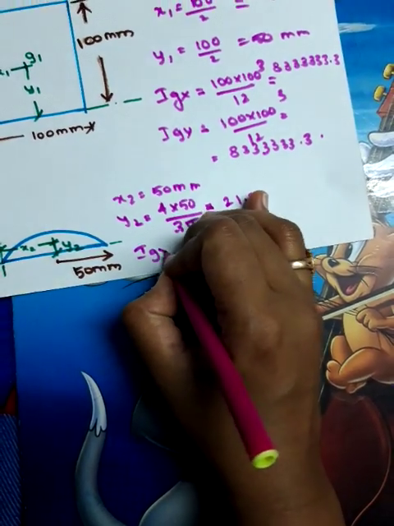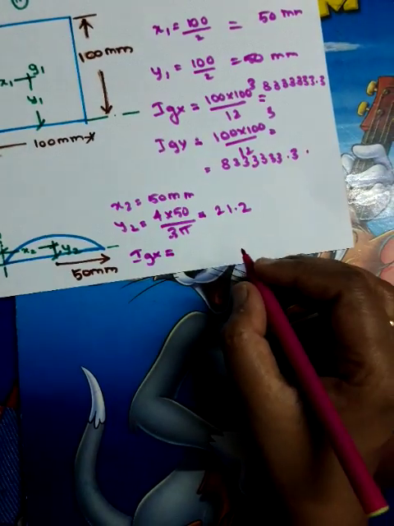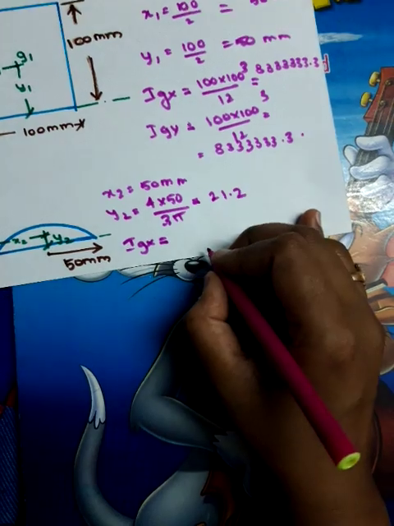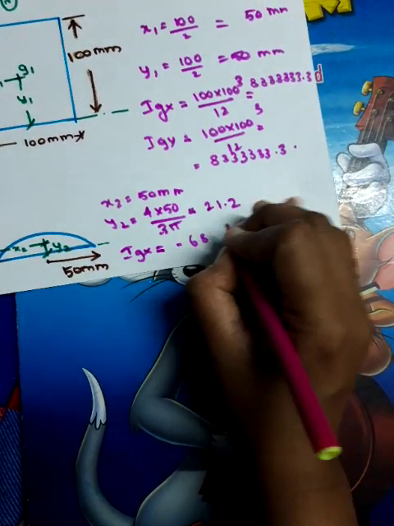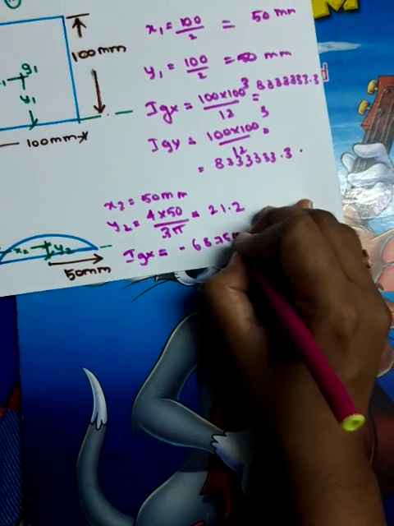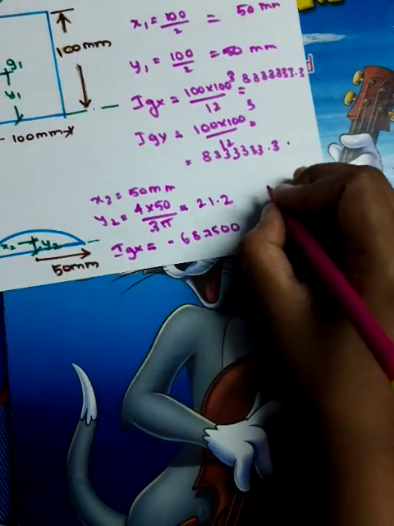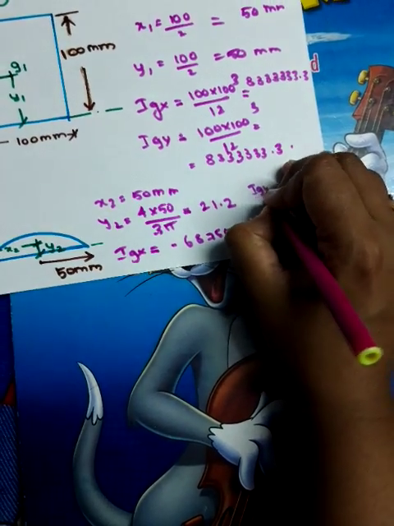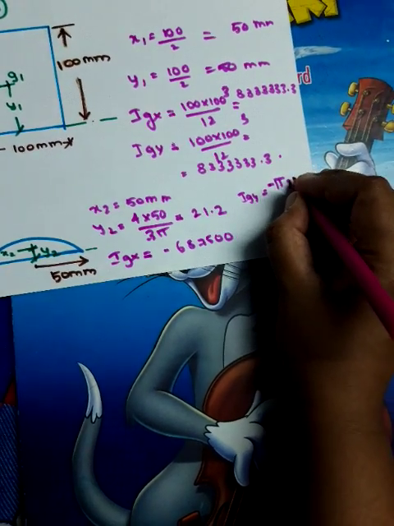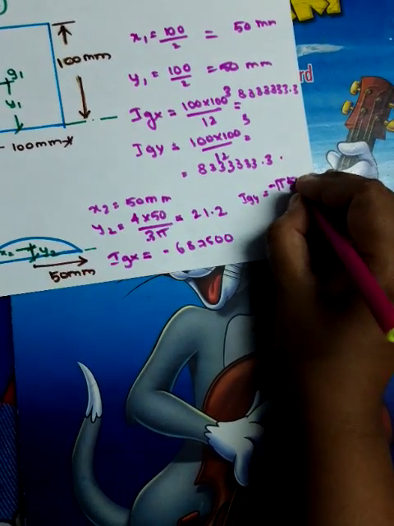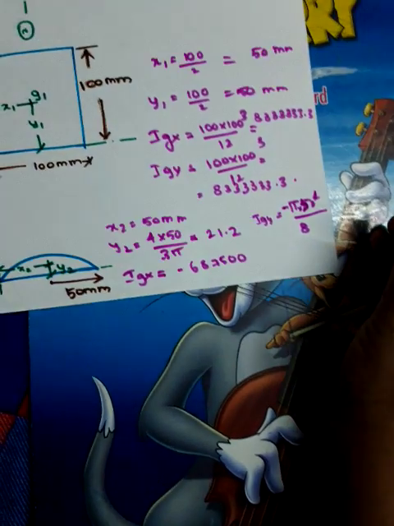Then write IGX, which will be minus 687500, and IGY will be pi r to the power of 4 divided by 8.